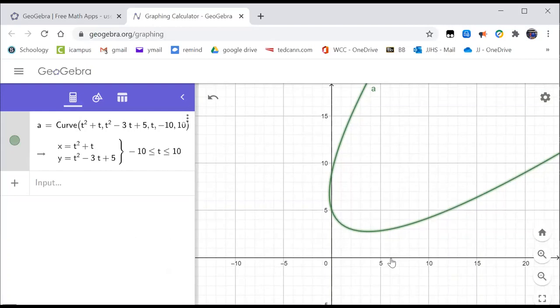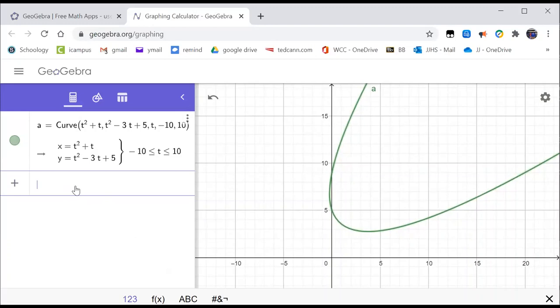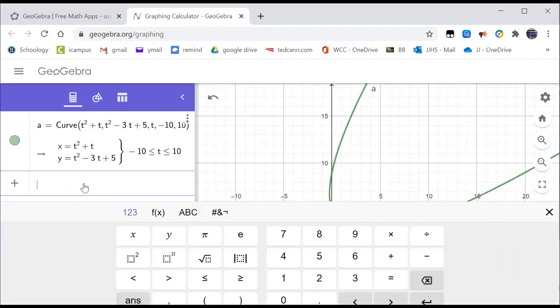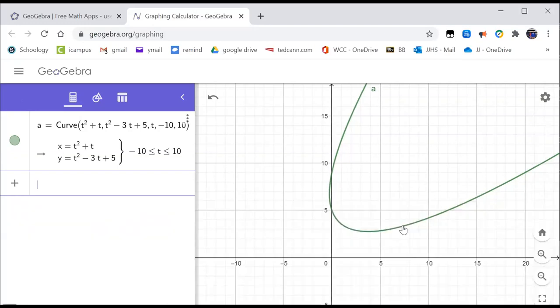So what we're going to do here is just verify. I'm going to put in a t value of 3/2 and see if that plots me, because I'm pretty confident about the math that gave me the coordinates. I just want to see if the t value of 3/2 leads me to a horizontal tangent. Looking at the picture, I should be in this neighborhood over here, because that looks like where the horizontal tangent ought to be.